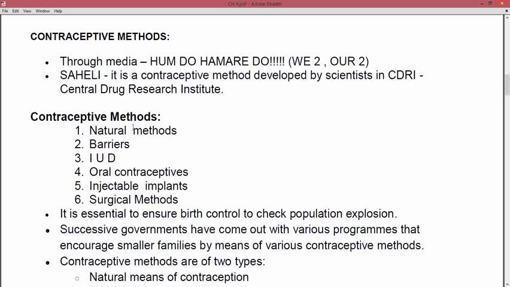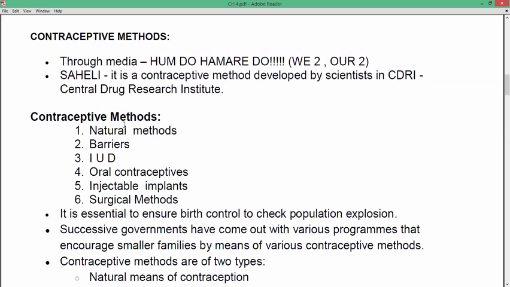Now, through media, you know that in several videos there is this particular slogan, hum do hamare do, right? So through this, we can understand that a person or a family should not have more than 2 kids in order to control the population, right? So this is one of the things which everyone should keep in mind.